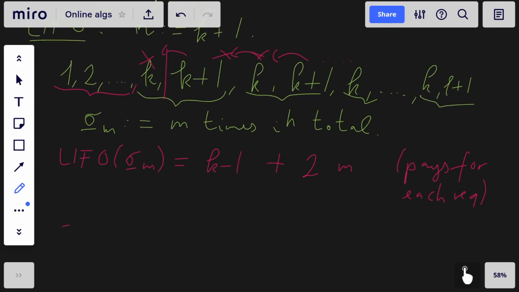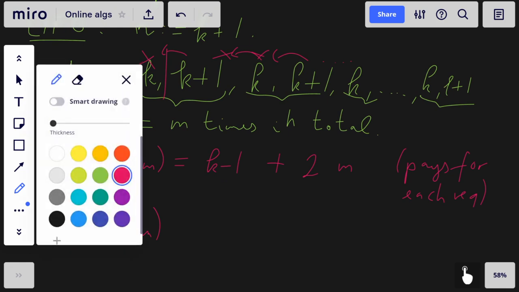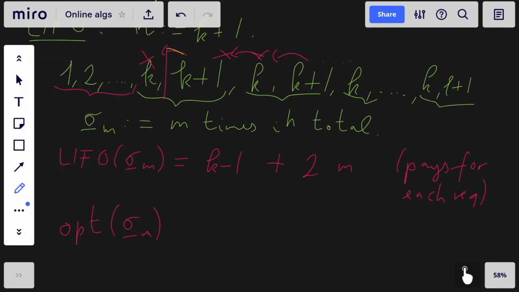But the optimal solution is much cheaper, since it's enough just to discard, say, the 1 instead. We can assume that k is always larger than 1 in all cases, because if you have a cache of size 1, then basically you just have to discard that single element, and every algorithm is automatically optimal in that case. So for k equals 1, the online algorithms will produce optimal outputs as well.